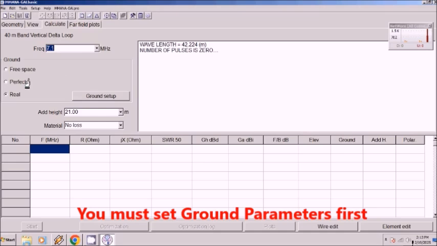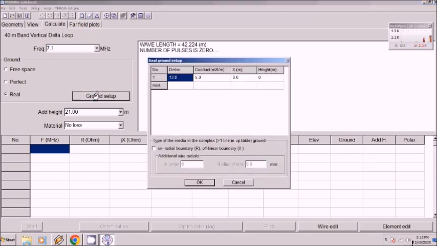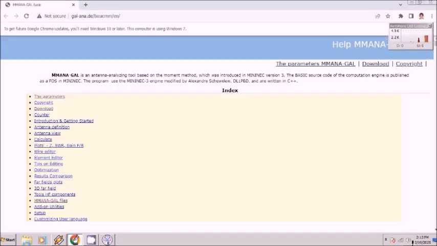Perfect ground is impossible. It's going to be a real ground, so we have to enter the ground variable values here. Those are dielectric constant and conductivity in millisiemens per meter. We try to find that in the manuals.